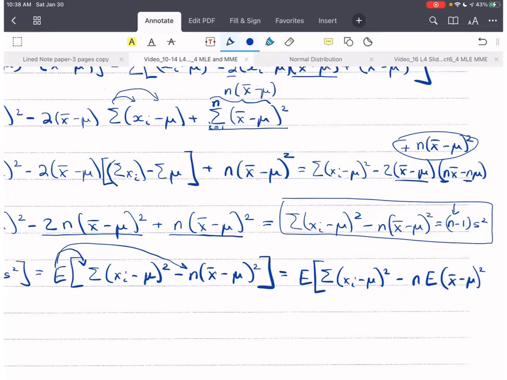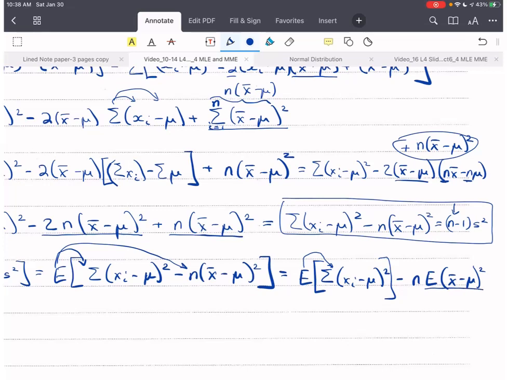Okay, so that's this one. And so now we have two terms. So again, I can take the expectation of the sum as the sum of the expectations. I can distribute this inside the summation sign.